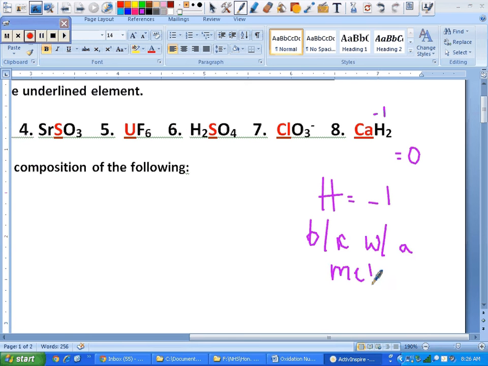Okay? Hydrogen is a -1. The whole entire thing is going to be set equal to 0 because the compound is neutral. Does it make sense why it's neutral? Because it does not have a charge. Does it make sense? Okay.